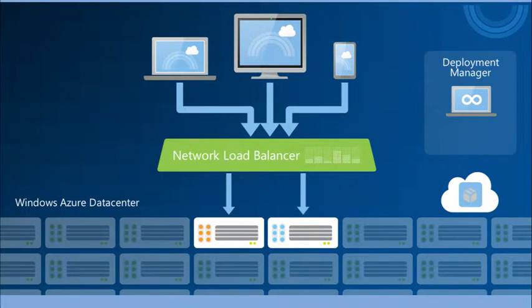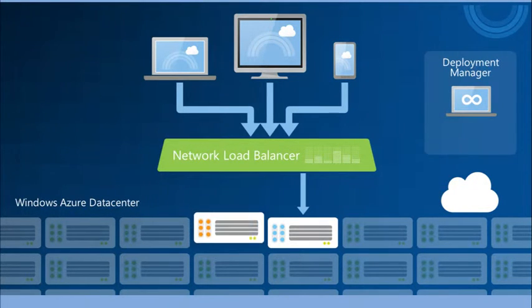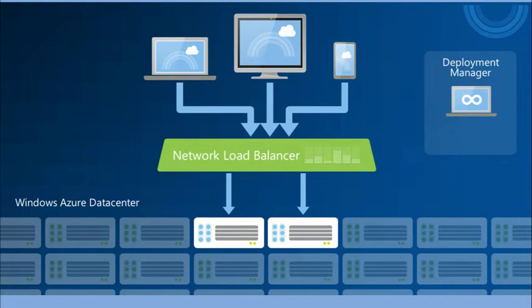And once that's done, it's going to do the same thing with the other one. So you have continuity and availability during the upgrade. Now, if you only have one virtual machine, it's going to go down. That's why for our full 5 nines SLA, or 99.95 rather, it's required that you have at least 2 virtual machines running. So you have upgrade domain.